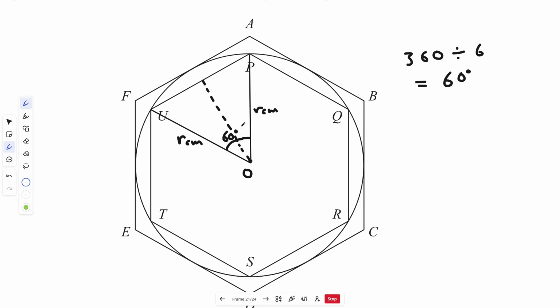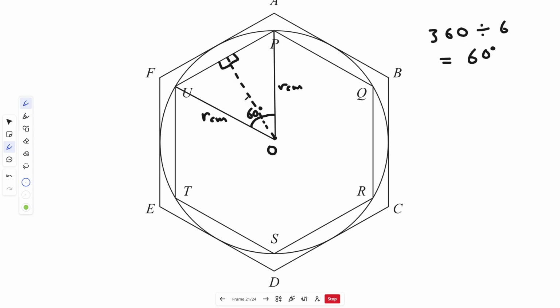Given the fact that the radius is r centimeters and this overall angle is 60 degrees, we can actually break this problem down even further, because this is a chord, and the properties of a chord state that if you have this line going through, bisecting the chord, then you'll have a right angle here and a right angle there, and that will give us two right angled triangles, and we love those.